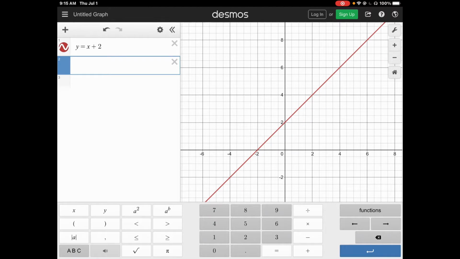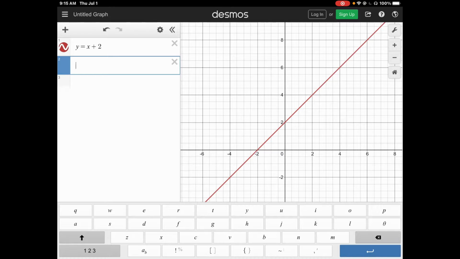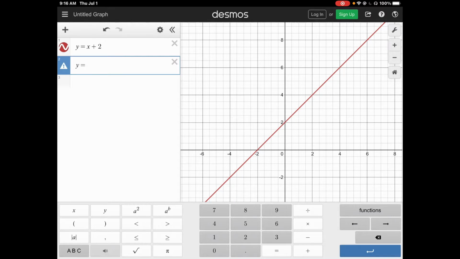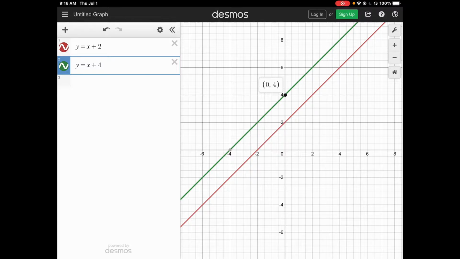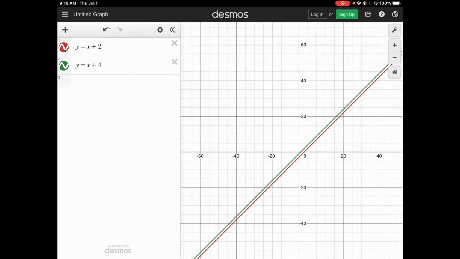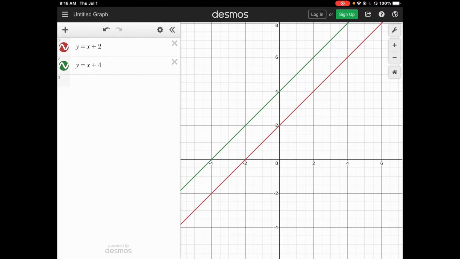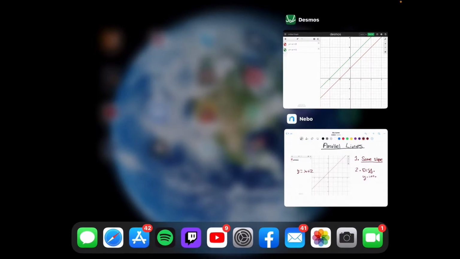But if we had an equation with the same slope but a different y-intercept, so y equals x plus 4, you can see that they will never intersect because they have the same slope and a different y-intercept.